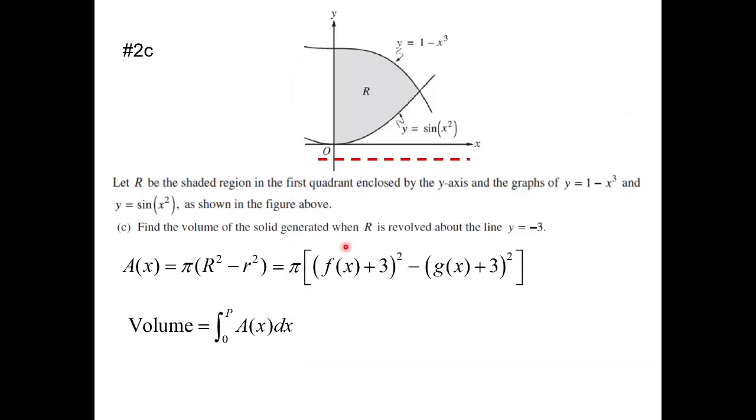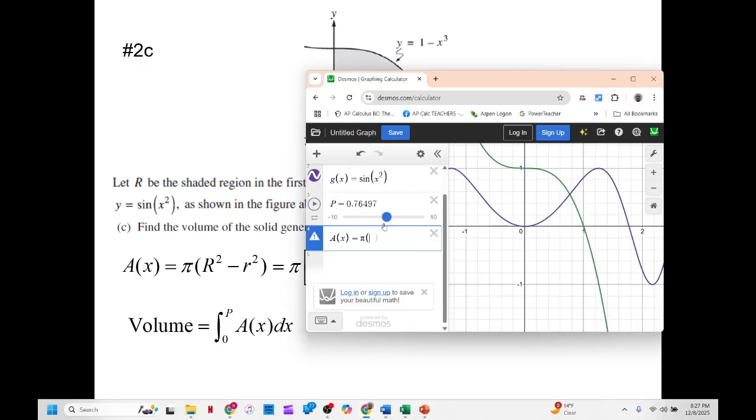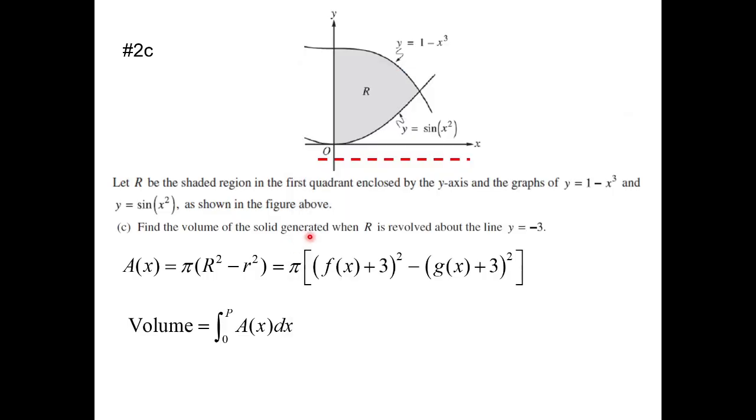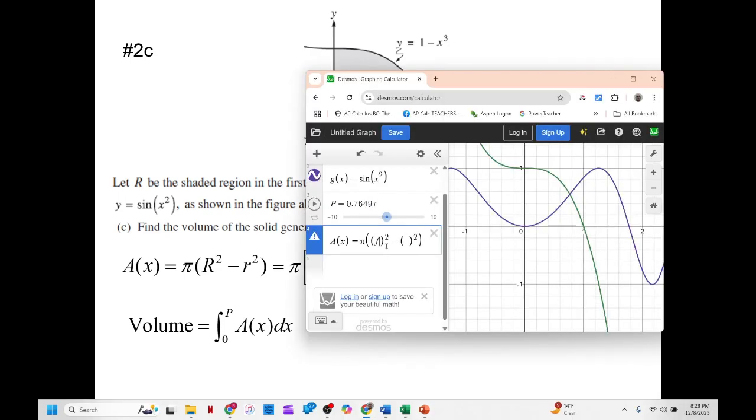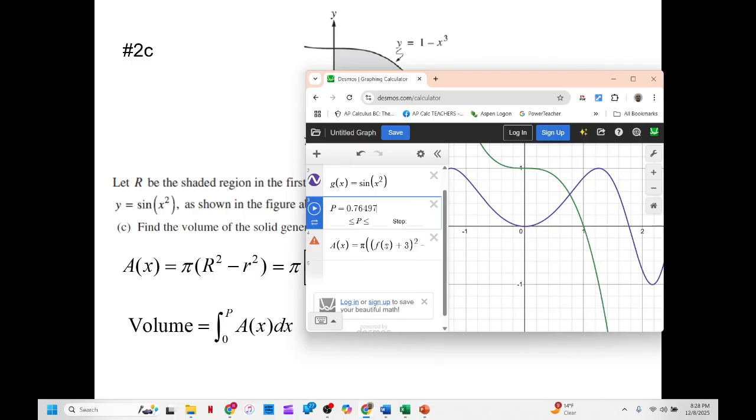There's a lot going on here, so I'm going to set up my structure first. So let me close that parentheses. In here now, let me put a parentheses that I'm squaring, and I'm going to subtract another squared parentheses. And in each of these squared parentheses, I've got f of x plus 3 and g of x plus 3. So f of x plus 3, and going back down here, we've got g of x plus 3.